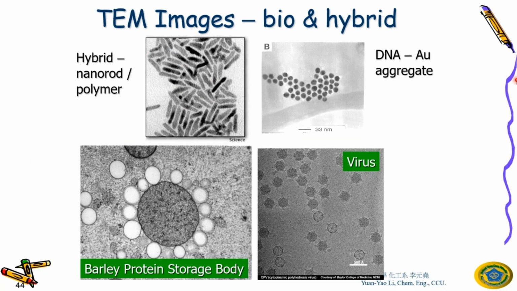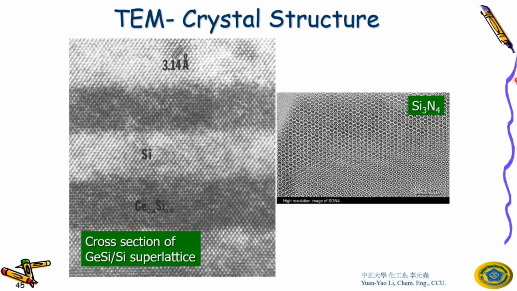So again, you can see some bacteria, some biomaterials. And also, even more, you can see a crystal structure. This is silicon nitride. You can see all the black dots represent single atoms. And you can also see the lattice interplanar spacing.